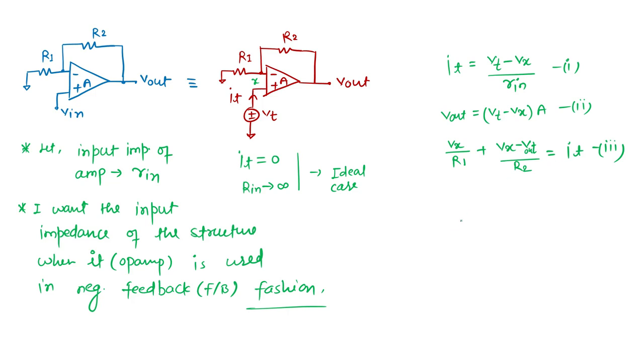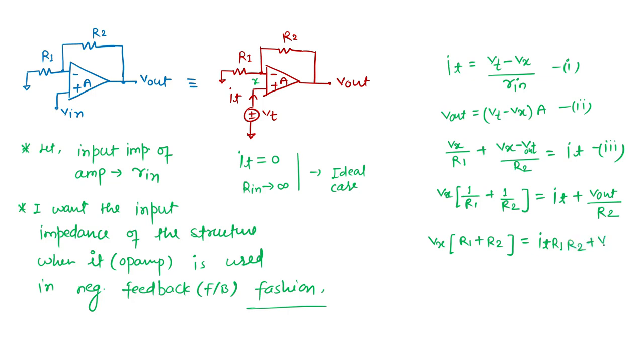If we carefully observe, let's take Vx out: 1 upon R1 plus 1 upon R2 equals It plus Vout by R2. If I simplify more, then we can write Vx times (R1 plus R2) equals It R1 R2 plus Vout R1.